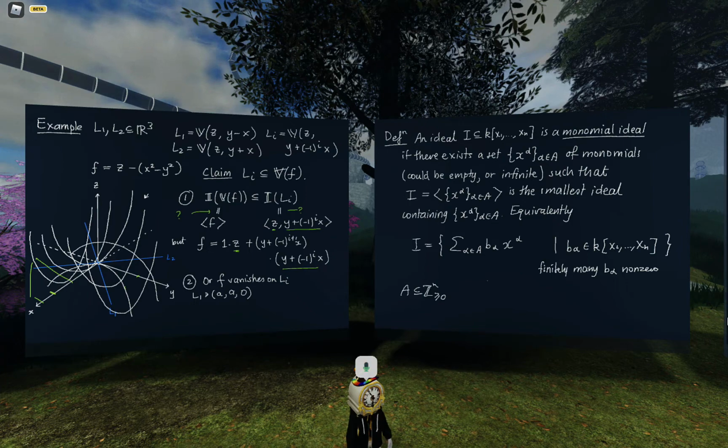It's generated by the empty set of monomials. Is the whole ring a monomial ideal? The polynomial ring? Yeah, sure, we can just take all monomials. Yeah, that's right. Okay, first lemma.